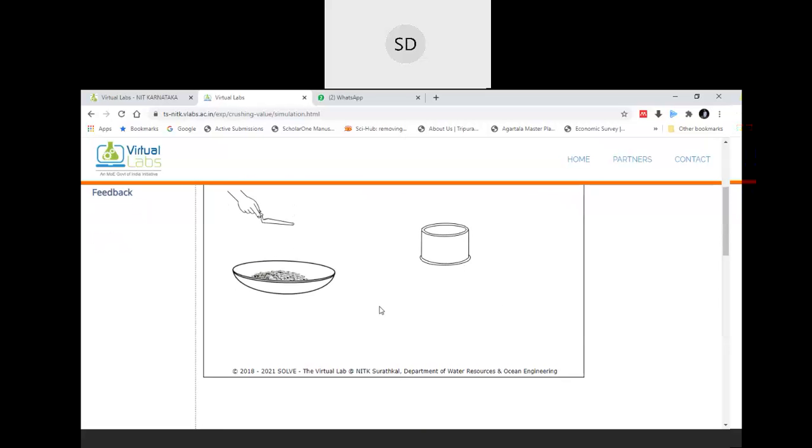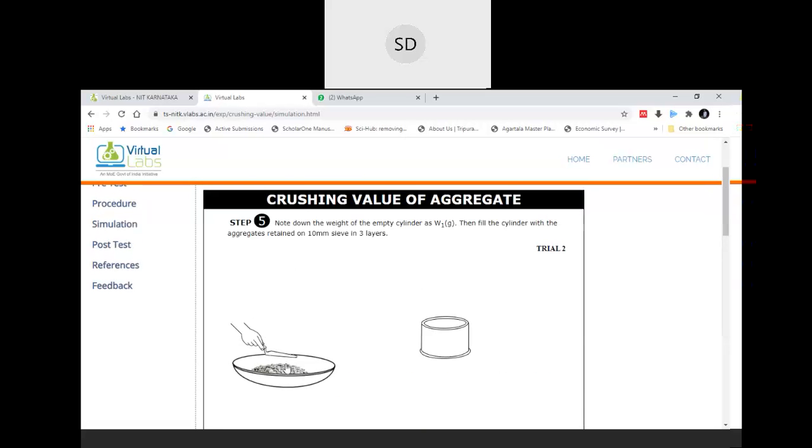So this is your trial two. Similar thing you have to do. First, you have to take the material. Then each layer would be subjected to 25 blows. Then again another layer, again 25 blows.